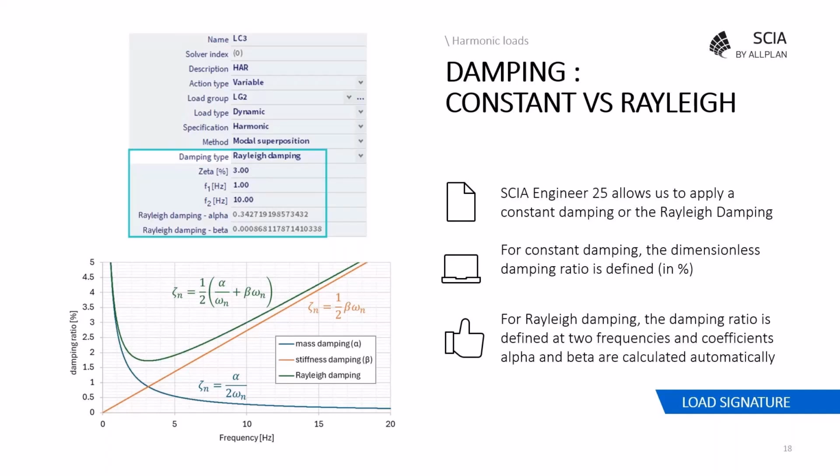As you can see on the graphic on the left side, here we have a value of 3% for damping at frequencies of 1 and 10 Hertz. This will allow SCIA to calculate coefficients alpha and beta, which are used in the formula to calculate the variation of the damping along the different values of frequencies. It is represented here by the green diagram in our picture.